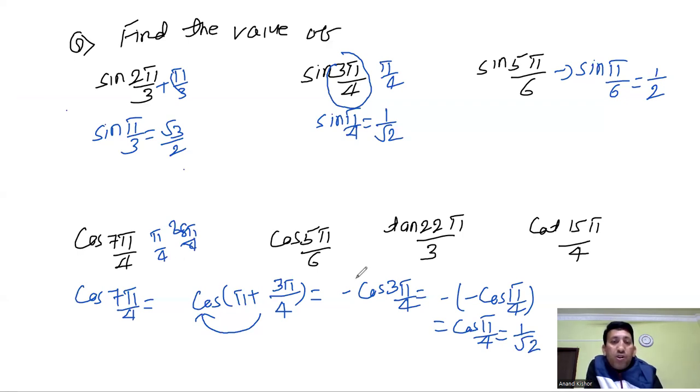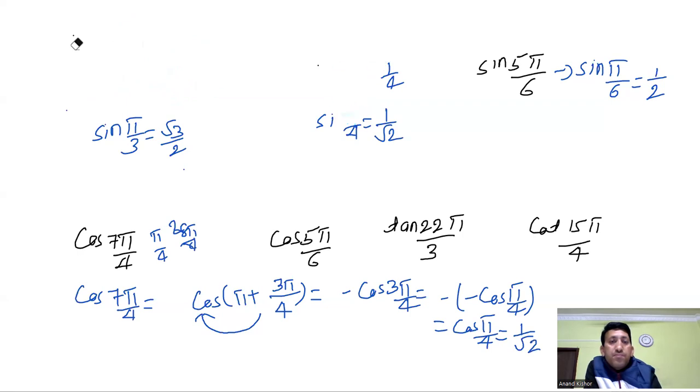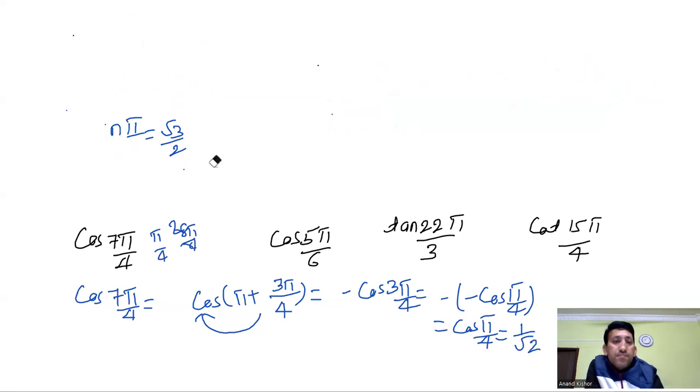Here, cos 5 pi by 6. So see, how can we solve cos 5 pi by 6?